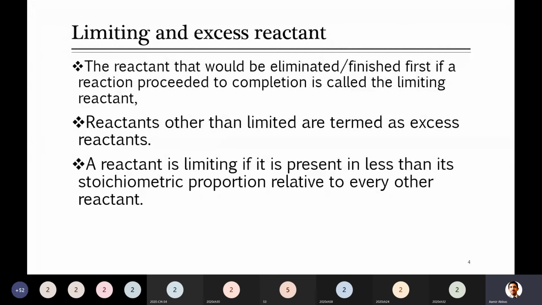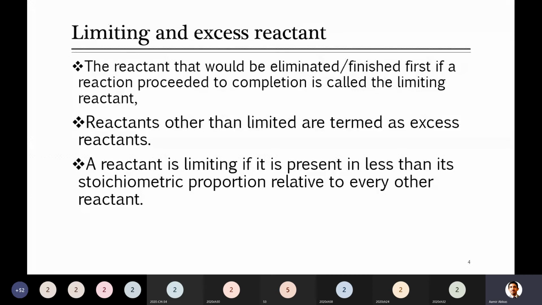If a reactant is limiting, it is the one present in less than the stoichiometric ratio relative to the other reactant. For example, I was telling you that 1 mole of heptane versus 11 moles of oxygen is as per the balanced equation, 1:11, that is as per stoichiometric ratio.